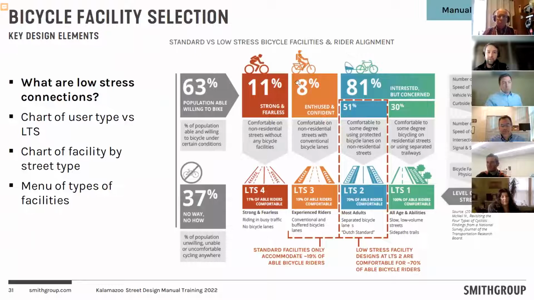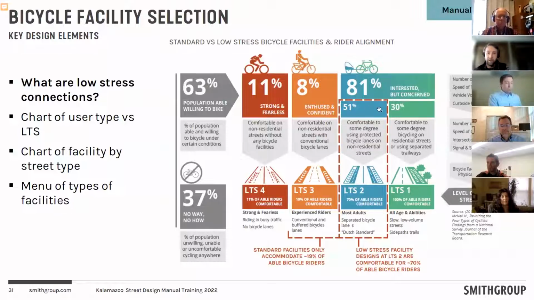And so what you can see of your biking population, that's only about 20% of the people that you're actually reaching that are going to be willing to either ride in the road or ride using conventional bike lanes. So you're leaving out a huge chunk of the population that's interested in bicycling, but just doesn't feel confident and comfortable in being able to get around safely.